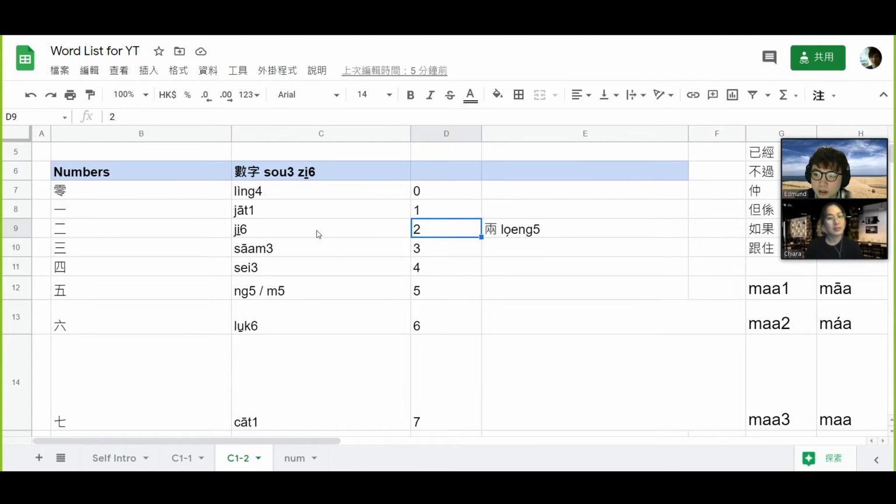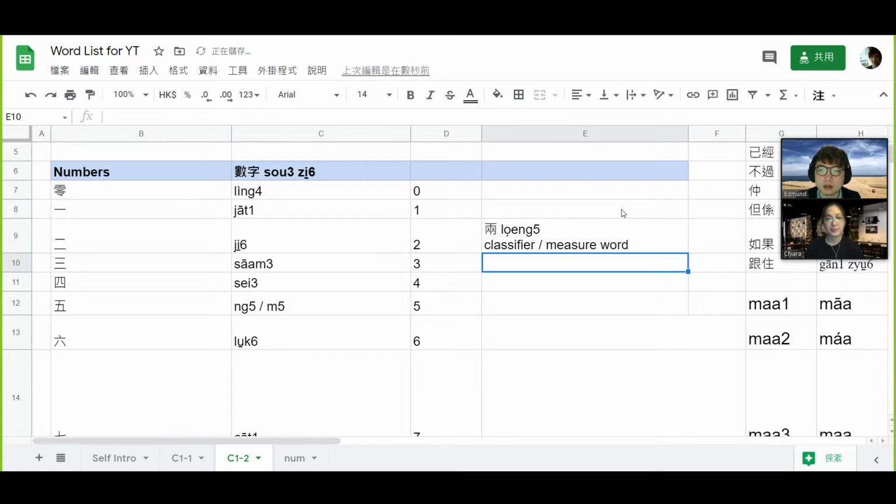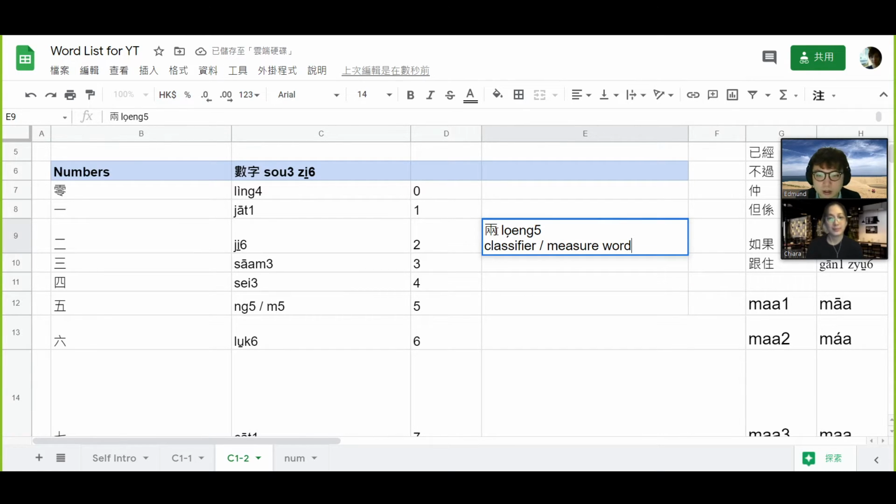The second one here, yi. Whenever you have some classifier after the numbers, or the measure, we call it classifier. We talked a bit about it last time. So measure or classifier, those things that you use to count things. Whenever you have a classifier measure after 2, it is not yi anymore.